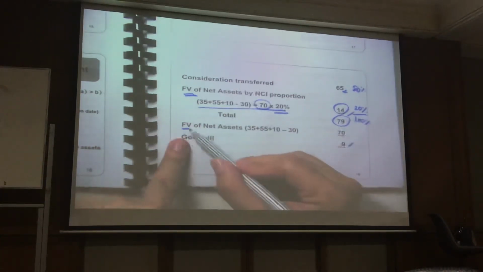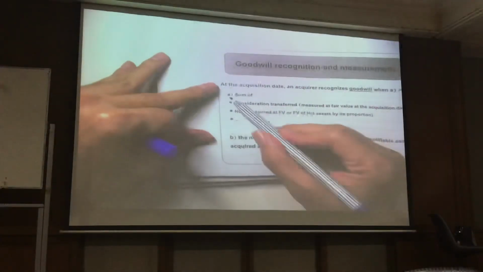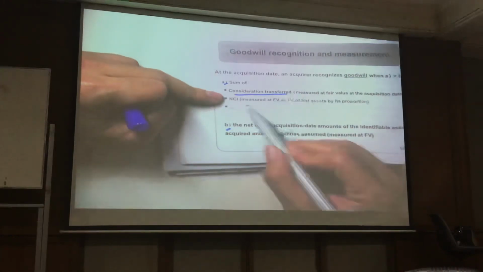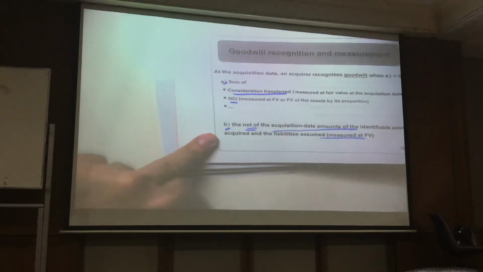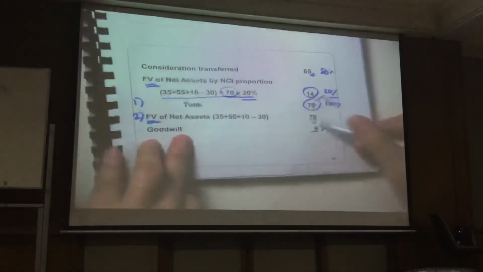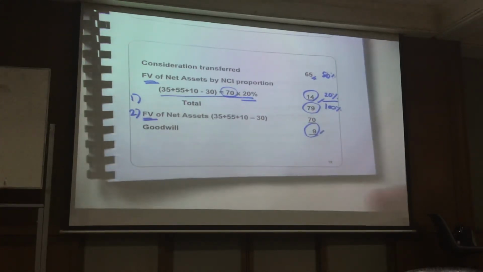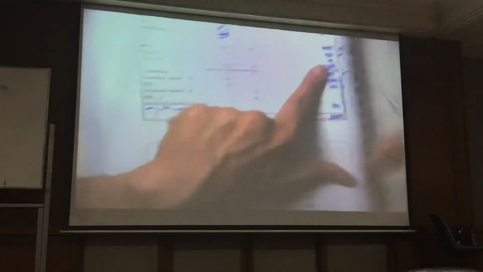But what you get, compare 1 and 2: the sum of consideration transferred and NCI compared to the value of net asset, which is measured at fair value. What you get, you got goodwill. Once you got goodwill here, it should be reported on your consolidated financial statement. That's why you need to report goodwill.